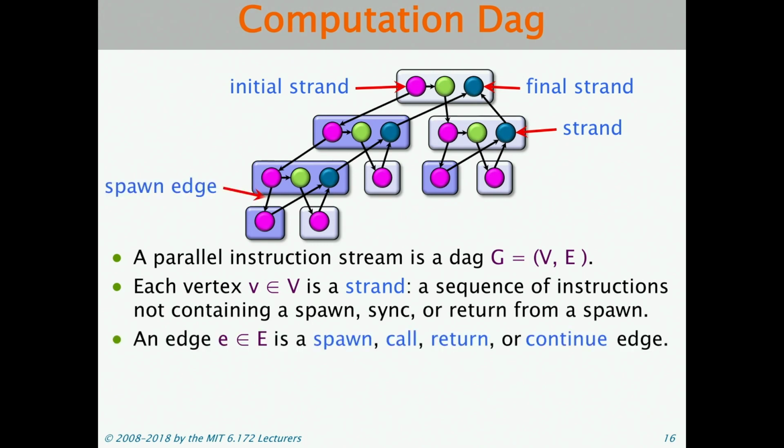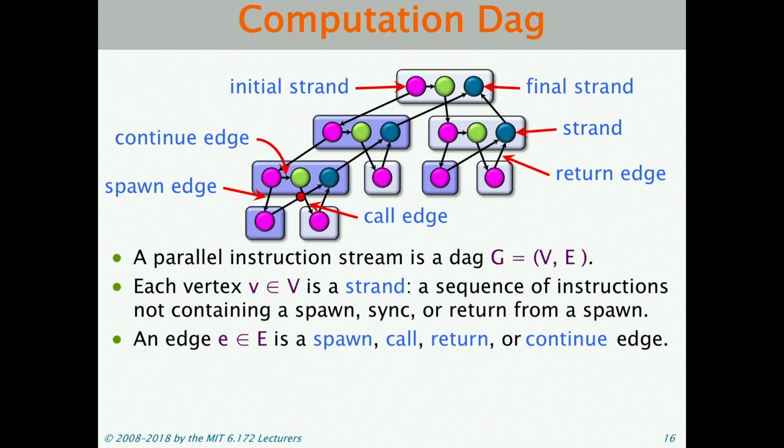And then there are 4 types of edges: spawn edges, call edges, return edges, and continue edges. A spawn edge corresponds to an edge to a function that you spawned. So these spawn edges are going to go to a magenta node. A call edge corresponds to an edge that goes to a function that you called.